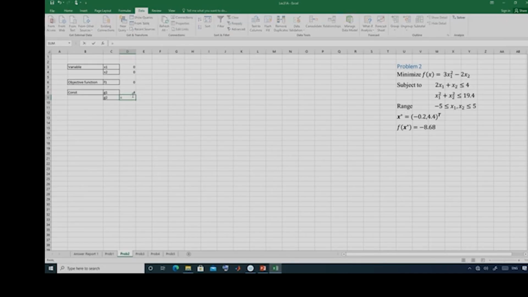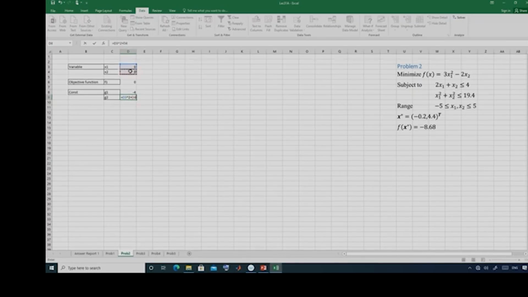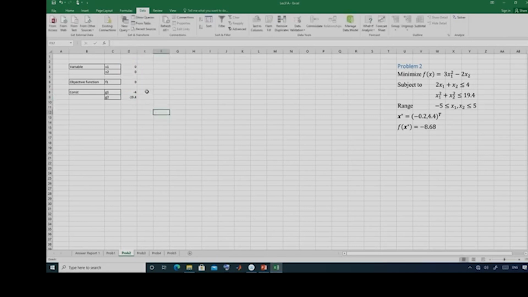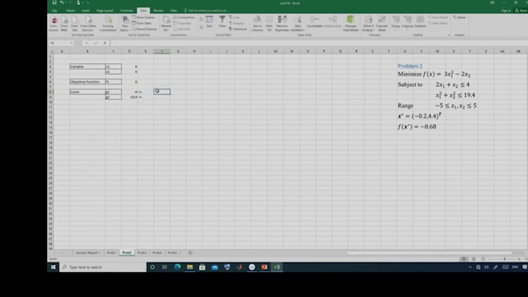And the second one is x1 square plus x2 square minus 19.4. Okay. So here it is a less-than-or-equal type, and here also this is a less-than-or-equal type, this is less than or equal to 0 and this is less than or equal to 0. Okay.